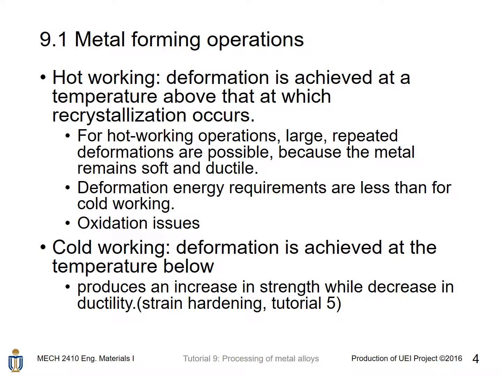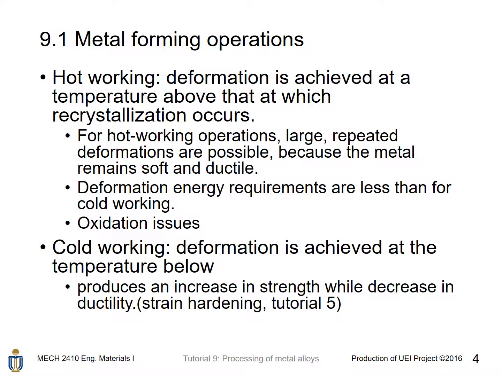Cold working is another type of metal forming operation. It basically means the deformation is achieved at a temperature below the recrystallization temperature, and it will produce an increase in strength of the material with a decrease in ductility.